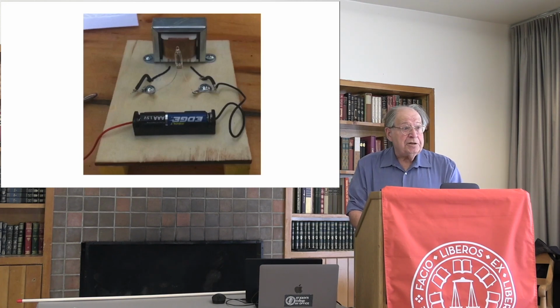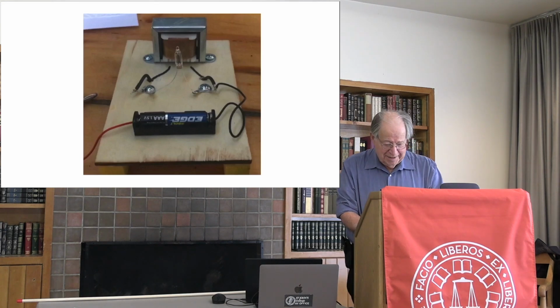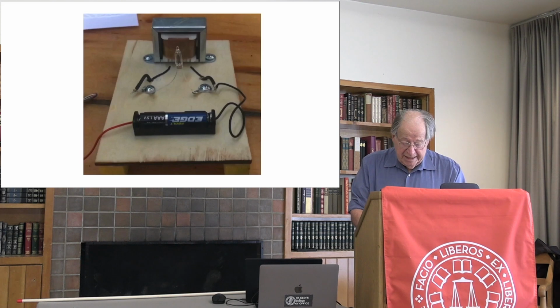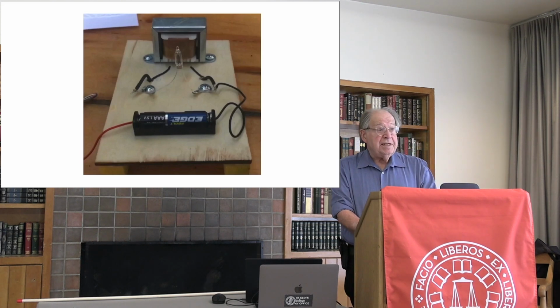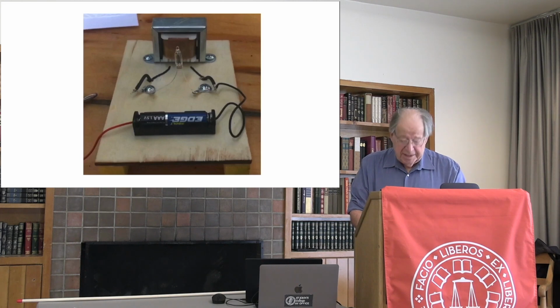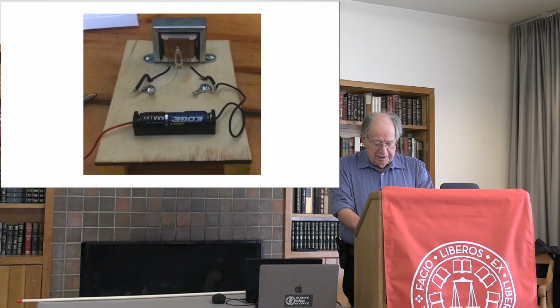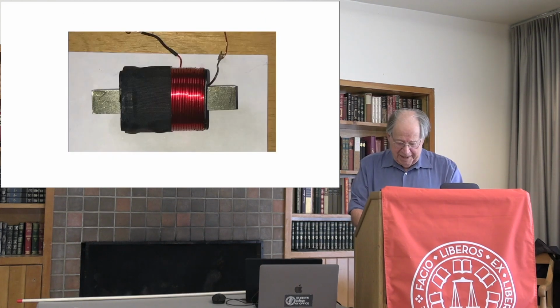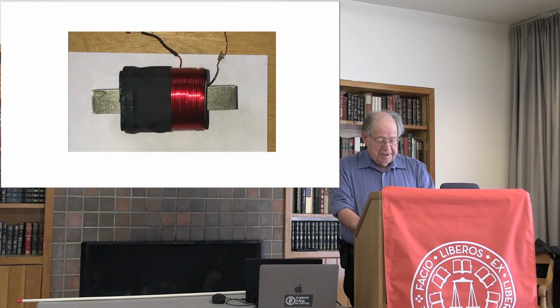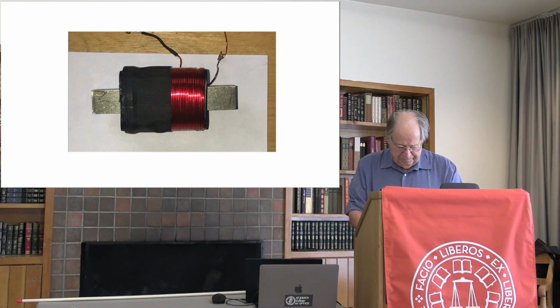But alternating current is always changing, so we might expect coils carrying AC to exhibit properties we did not encounter with DC. Let us then coil our copper wire about an iron bar like this. Today, such devices are typically called inductors.